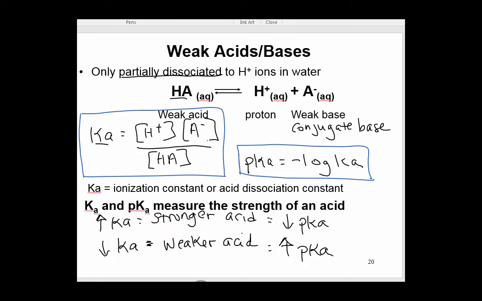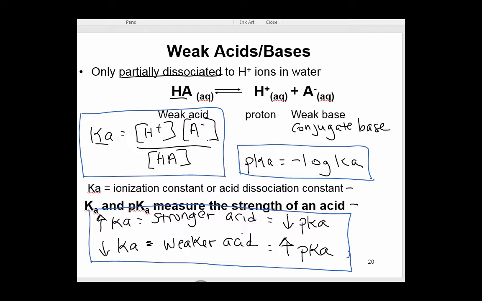So this is essential to understand: how Kas and pKas relate to the strength of your acid. The Ka is the ionization constant or the acid dissociation constant, and the Ka and the pKa are a measure of how strong your acid is.